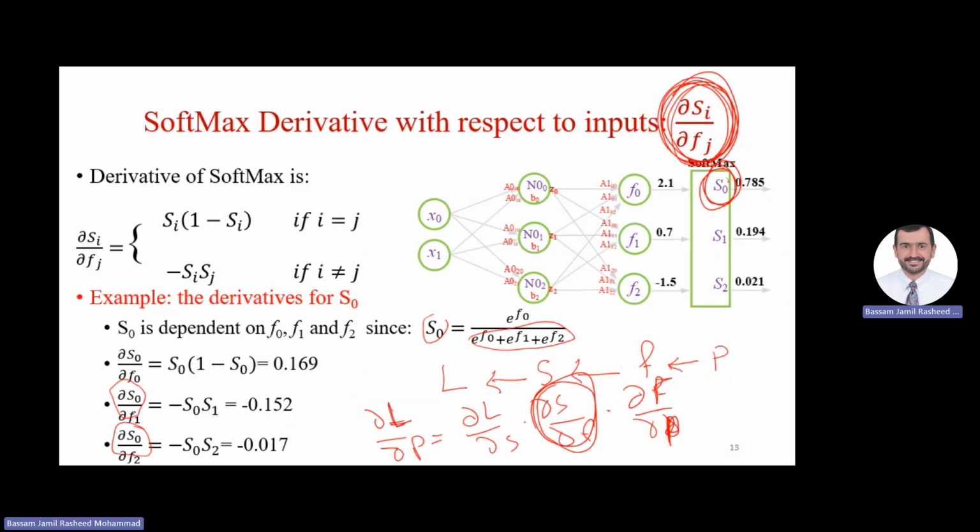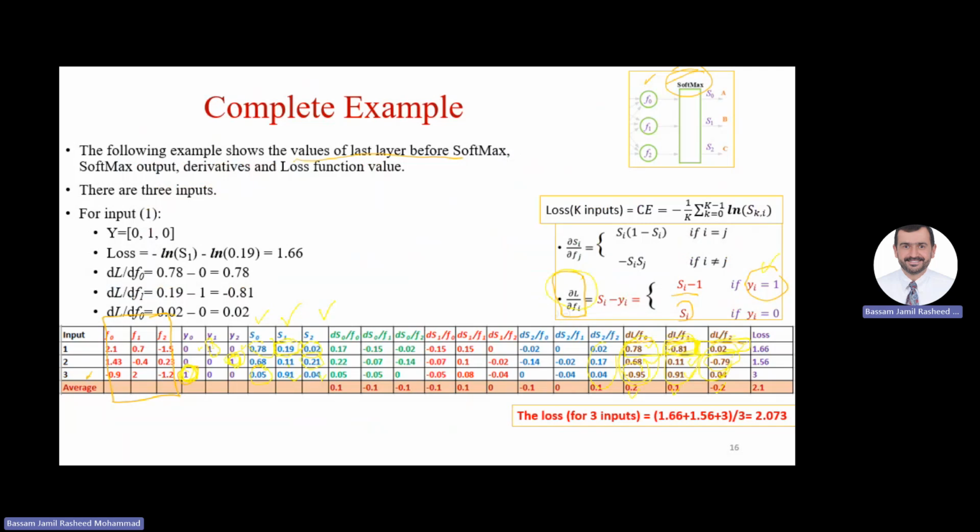So now we go back here. We take the ln of the corresponding output, the ln of the s. Where is the s? In this case, watch here. I have 0, 1, 0, and the middle one is the correct output. Take the negative ln, how about 1.566?